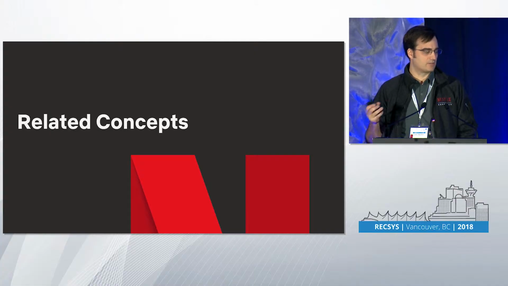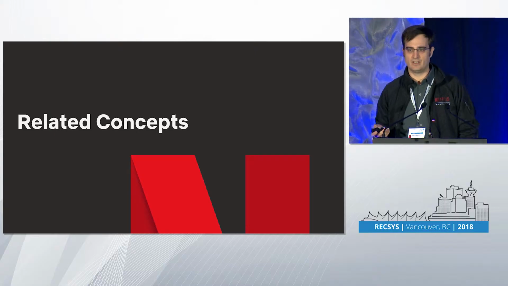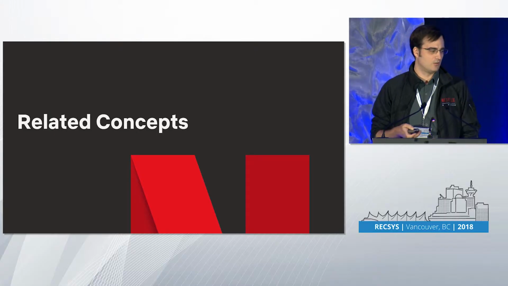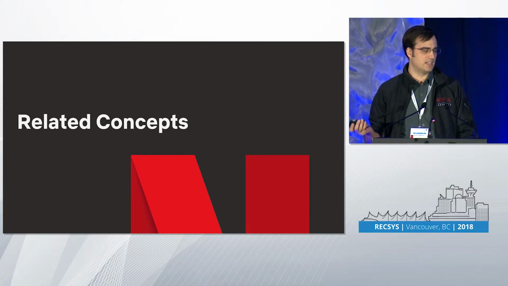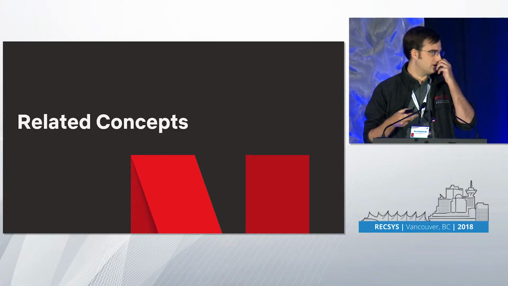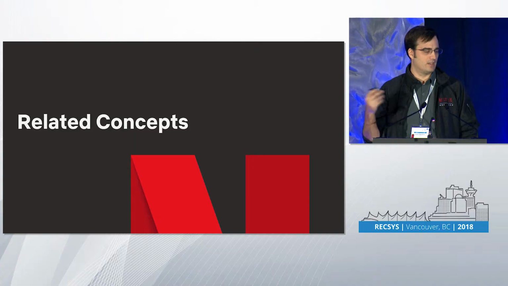This work is related to two different concepts that have been studied in the field. One is that it's related to some concepts of fairness from machine learning. In this case, it's focusing on the calibration notion of fairness for the user as contrasted to other types of fairness.